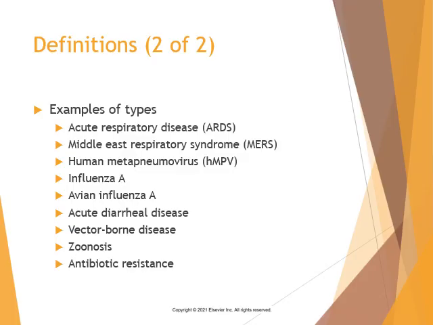Some examples: ARDS, the Middle East respiratory syndrome, the human metapneumovirus, influenza A, avian, the bird flu, influenza A from several years ago, acute diarrheal disease, vector-borne diseases, zoonosis, and then again our antibiotic resistance, which we mentioned.